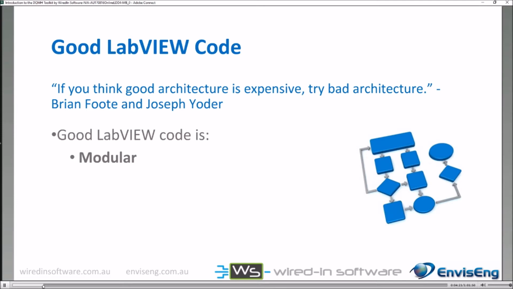Modular code allows you to extend functionality without changing your existing code. Create a new module rather than hacking into existing VIs. This limits the risk of breaking existing code, and therefore the need to retest your code. You only need to test the code that changed.